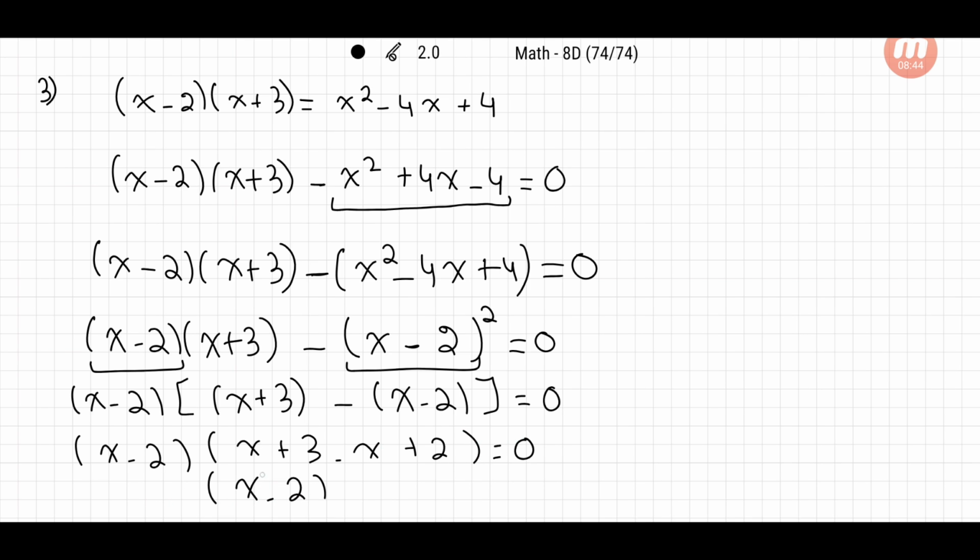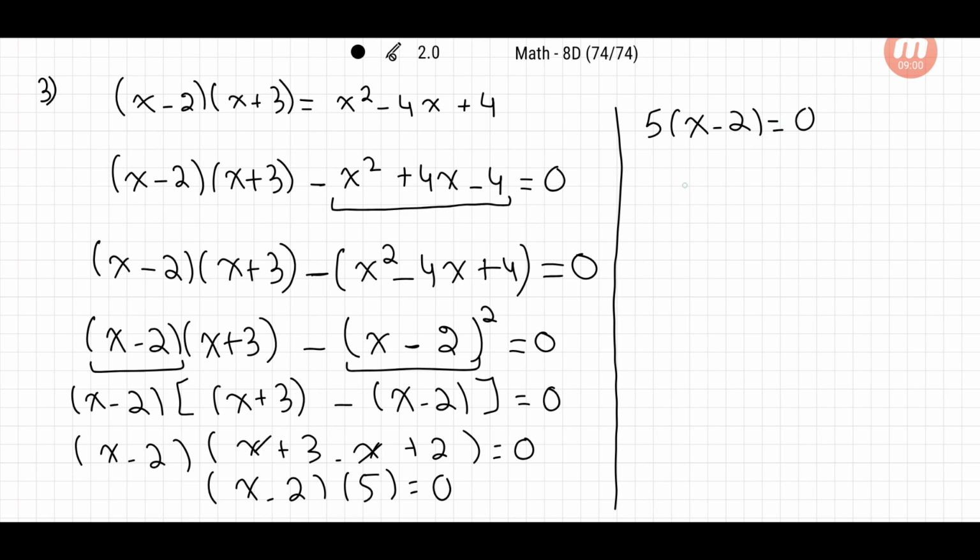So x minus 2, x minus x, they cancel. I'm left with 5 equal to 0. So now I'm left with 5(x minus 2) equals to 0. So I take x minus 2 equals to 0. X equals 2. Since 5 is a number, 5 times 0 equals 0, so x minus 2 should be equal to 0 and x equals 2.